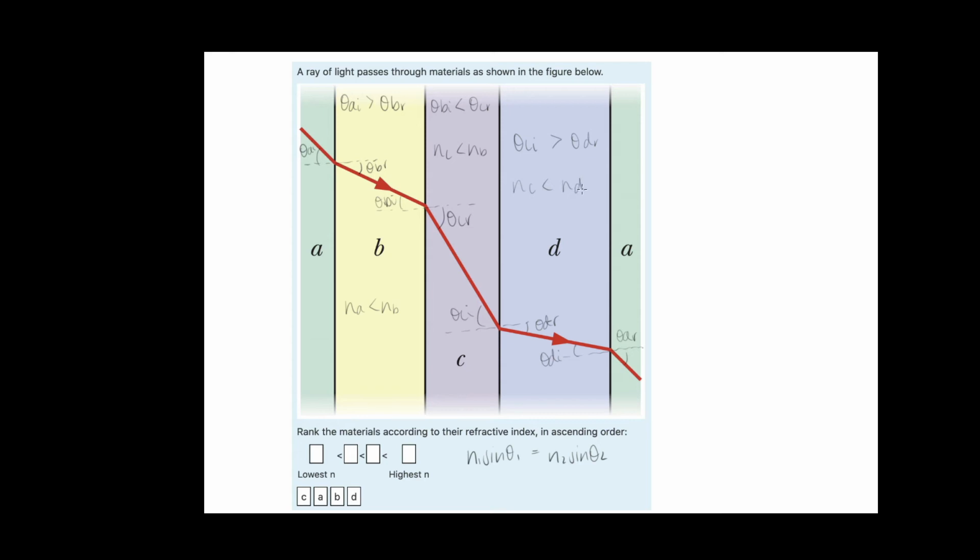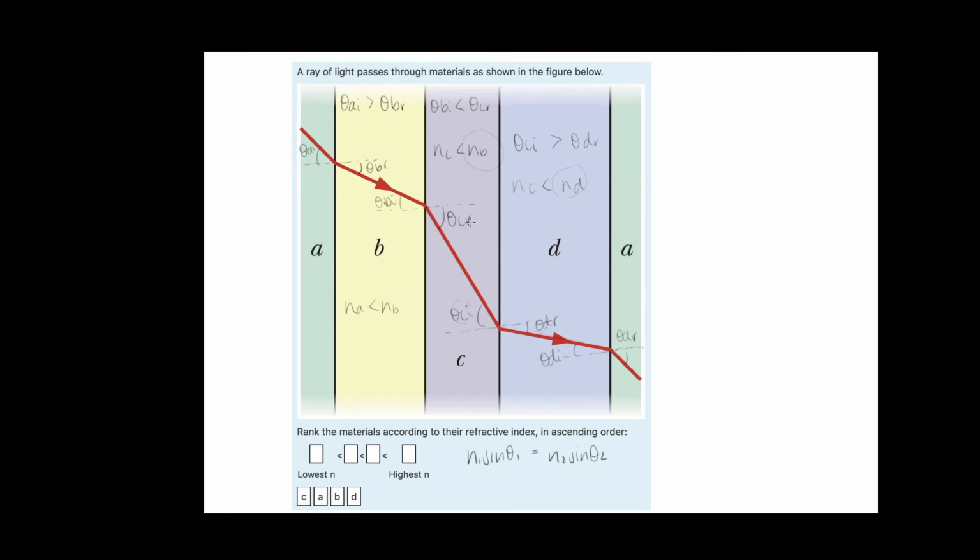In fact, we can also make a judgment call about the refractive index of D compared to the refractive index of B. Because remember, if we were to send the light in the other direction, the angles still hold. It doesn't matter if we're sending the light this way or this way, the angles are still going to hold. But let's think about if we're coming back the other way, because theta CR equals theta CI.